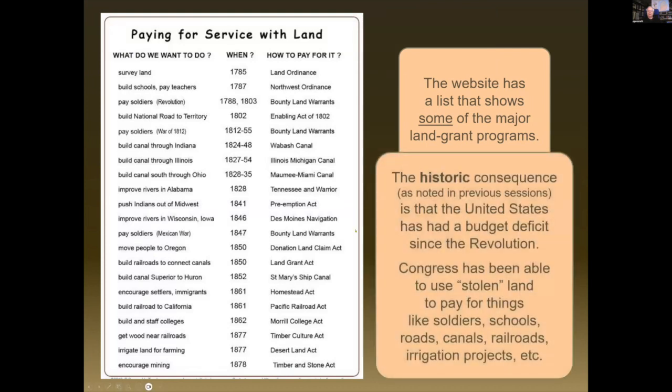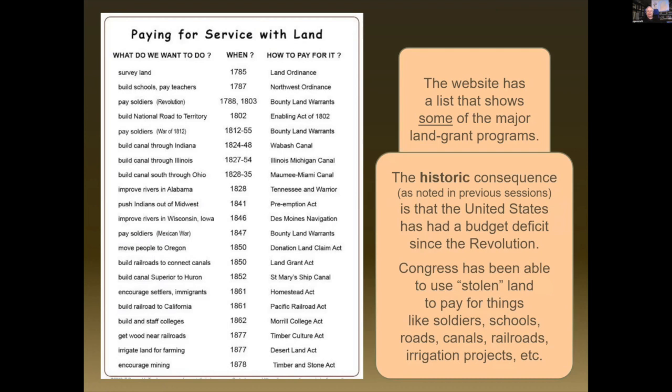And we mentioned last time the big historic consequence is that the United States has run a budget deficit since the Revolution, but they've been able to hide that deficit by using stolen land to pay for things like soldier schools, railroads, canals, roads, irrigation projects, mines, all of these other things that people wanted, but they didn't want to pay the tax for.